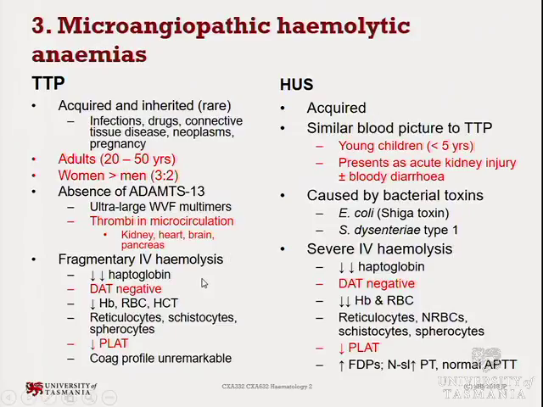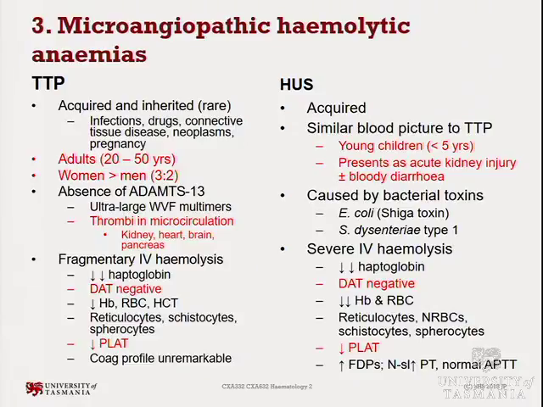And so what happens is, as the erythrocytes come through this microvasculature, they actually get broken up. They get fragmented when they're being pushed past these occlusions in the blood vessels.